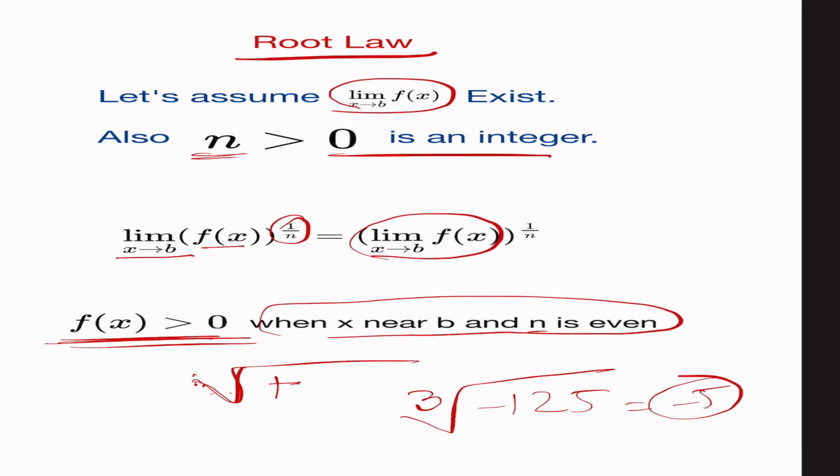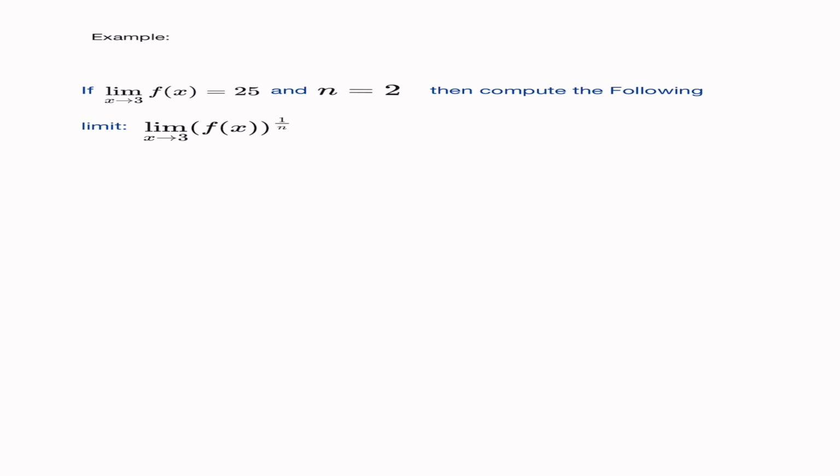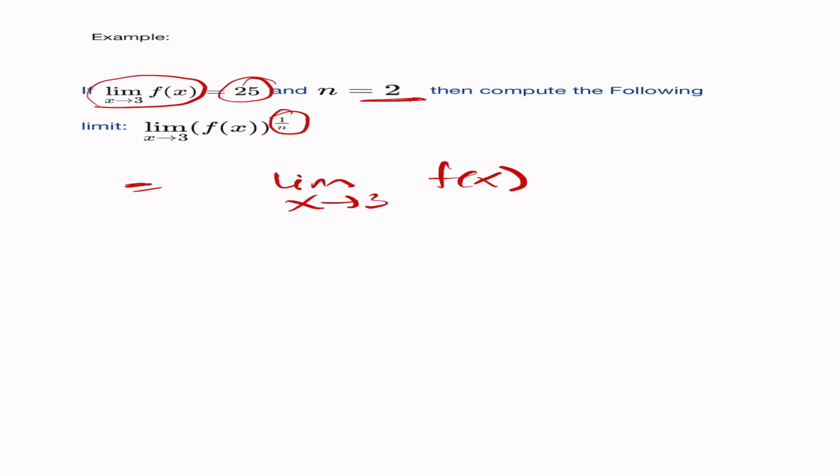Okay, so let's do a practice. Let's say we have the limit as x approaches 3 of f of x equal to 25, and n is 2. Then compute the following. You see this 1 over n. Whenever we see 1 over n, that means it's the root, so we can just use the root law. The limit as x approaches 3 of f of x to the power 1 over n.